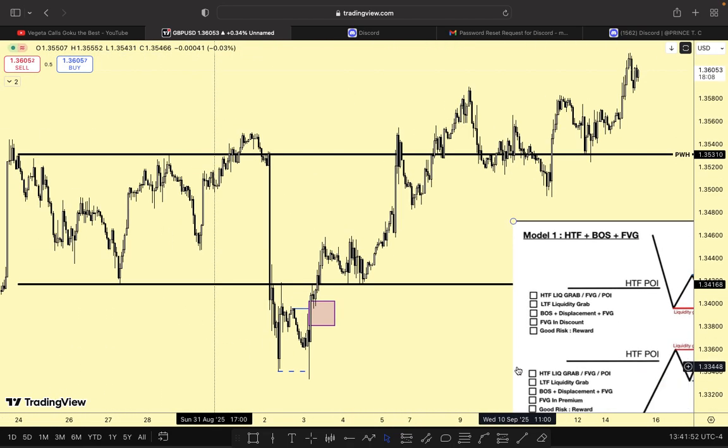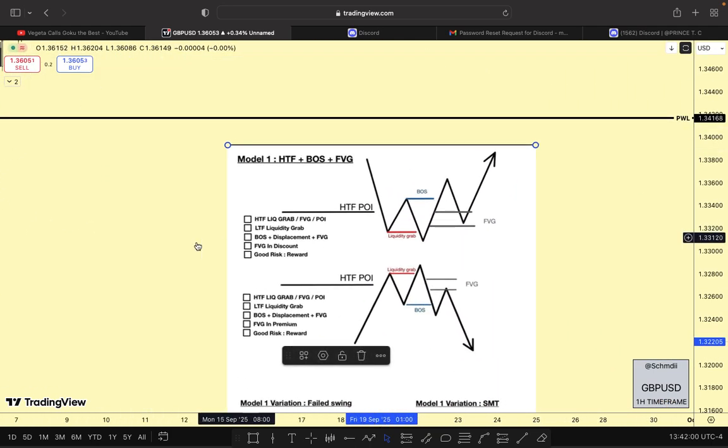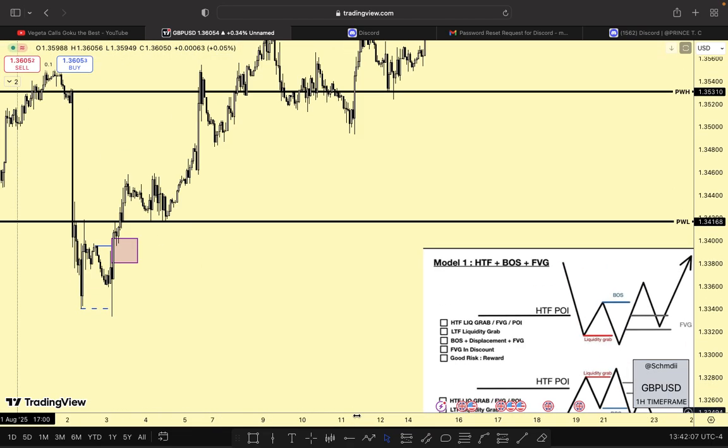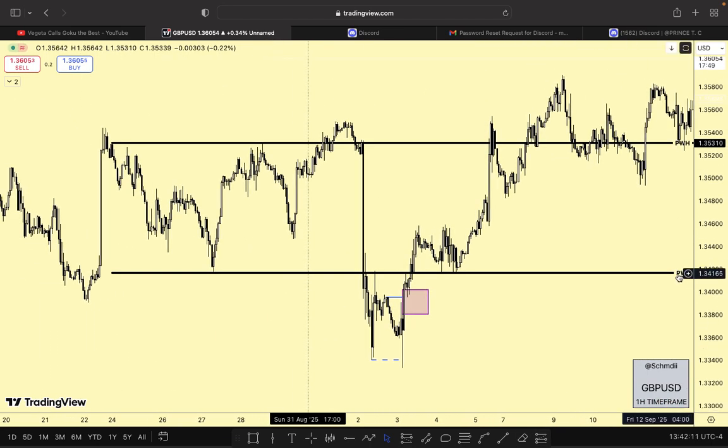In this bullish example, that black line, which is our higher time frame point of interest, let me just move this here so that it's clear. This black line here, after price has hit it, in the example I'm showing you, is the previous weekly low.